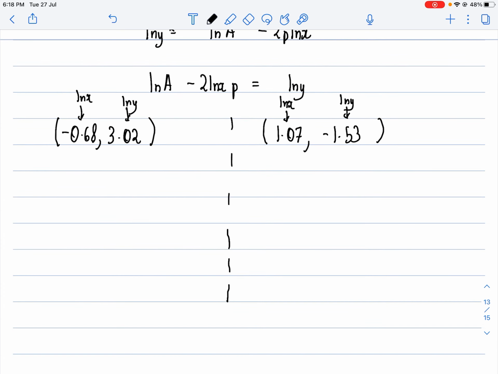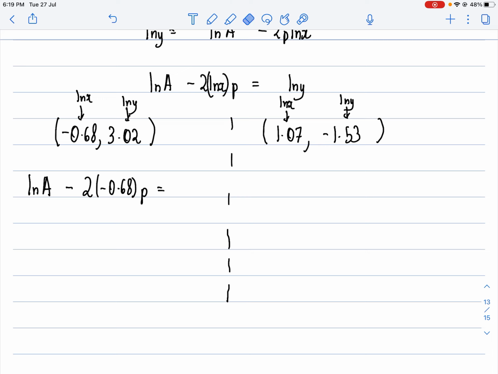So I can simply write this as ln a minus 2, in the place of ln x, which is here, I substitute minus 0.68. Not only in the place of x, in the place of ln x, because that's the axis, into p, which is equal to ln y.